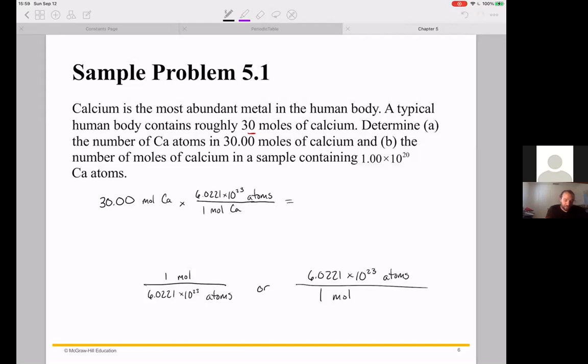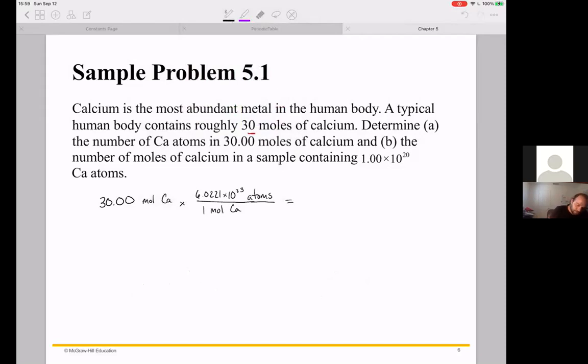Okay, and then I'm just going to punch this into my calculator. What I get on the other side is 1.80663 times 10 to the, whoops, it's not a 20, times 10 to the 25th.